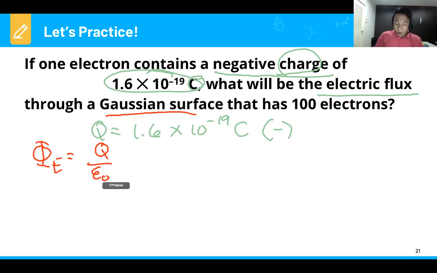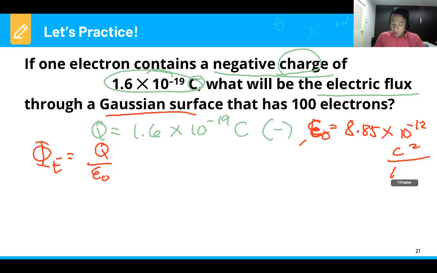Remember, the electric constant is equivalent to 8.85 by 10 raised to negative 12. I forgot its unit. The unit is C squared, or coulomb squared, over newton square meter. Okay, dapat kompleto.